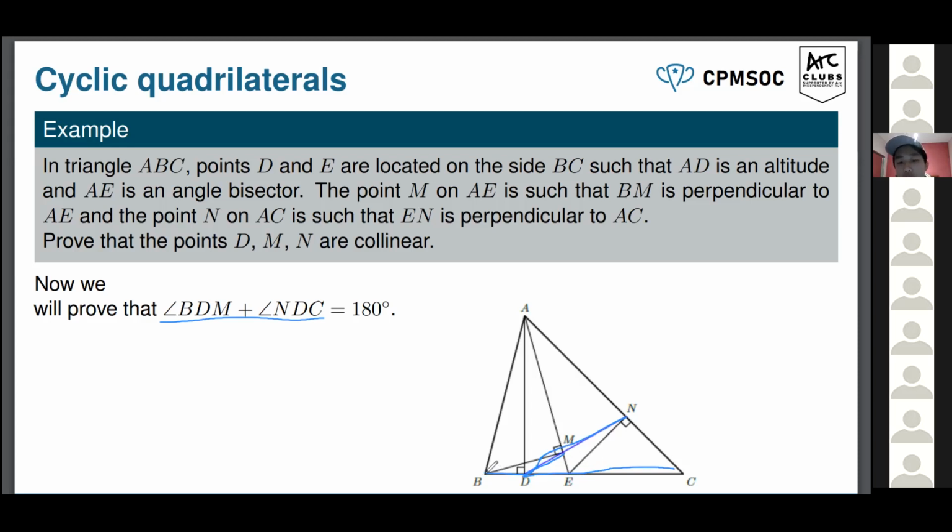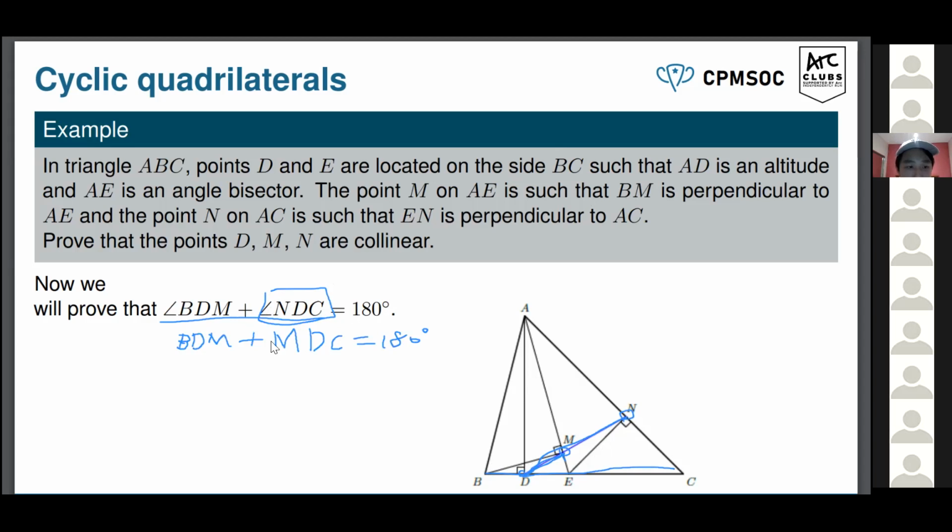Well, obviously, because BDM plus MDC is 180, right? Because they're on the same line. So now if we can prove that BDM plus NDC is also 180, that means that points D, M, and E are on the same line.